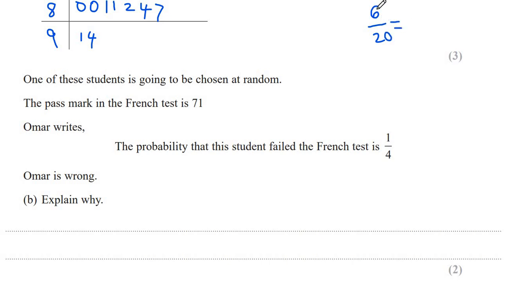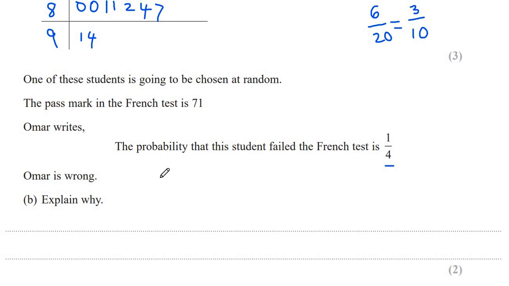And 6 over 20, if you simplify by dividing by 2, you get 3/10. And there's no way that you're going to get 1/4 by simplifying 6 over 20. So yes, that is why Omar is wrong.